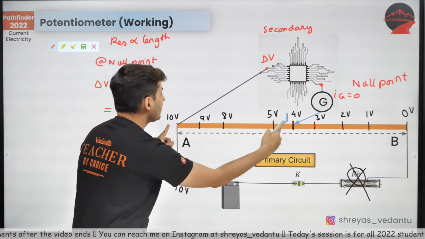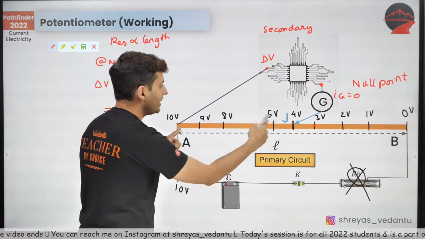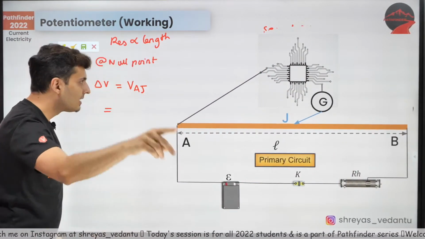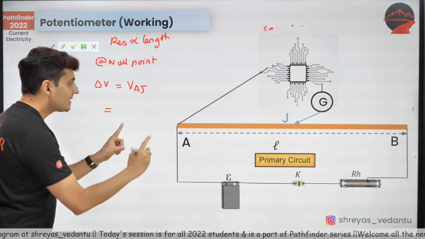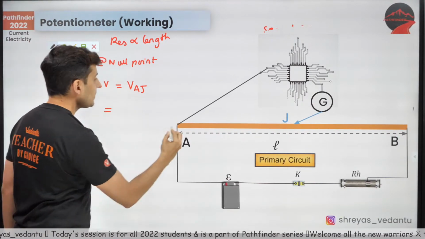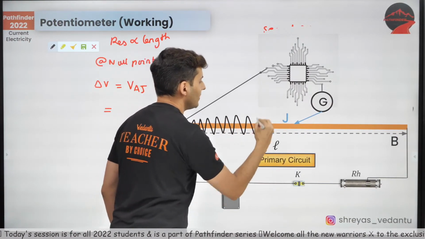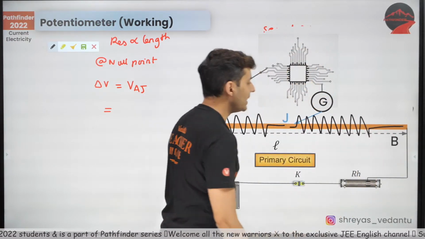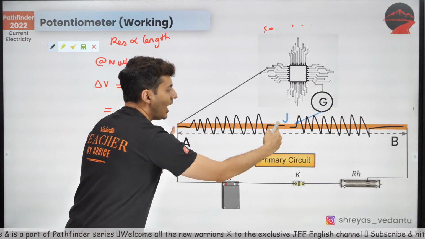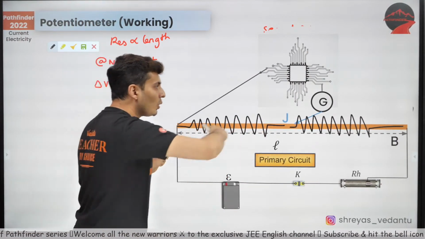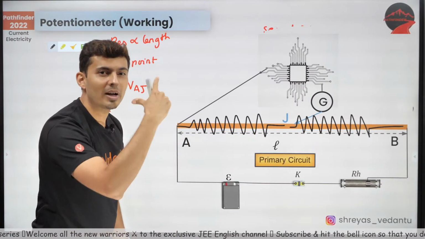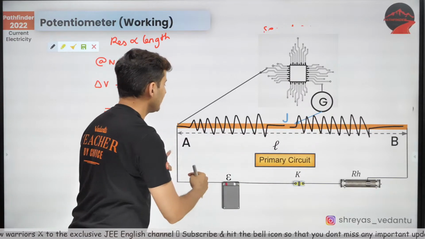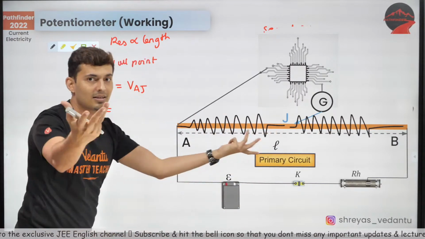Why? The voltage across these 2 points can be thought of as if there is one resistor here till J and another resistor here till B. So when two resistors are in series, the voltage across any one of those resistors, how much is it?